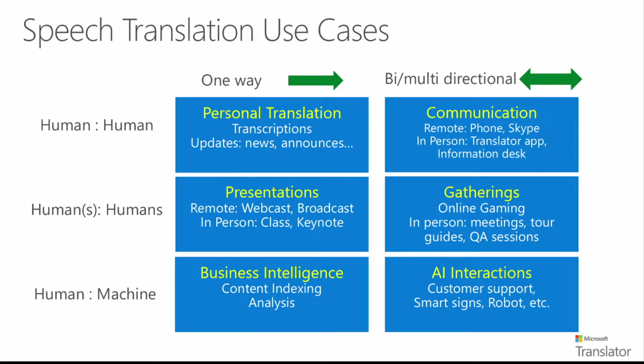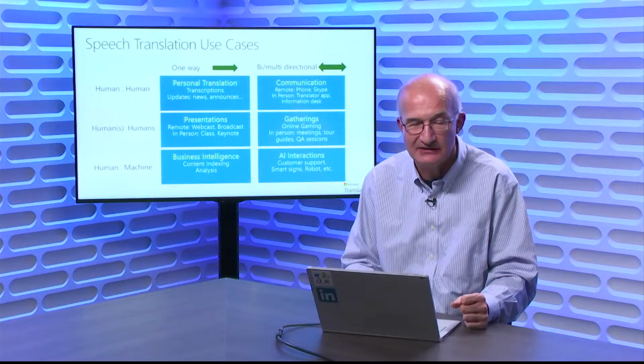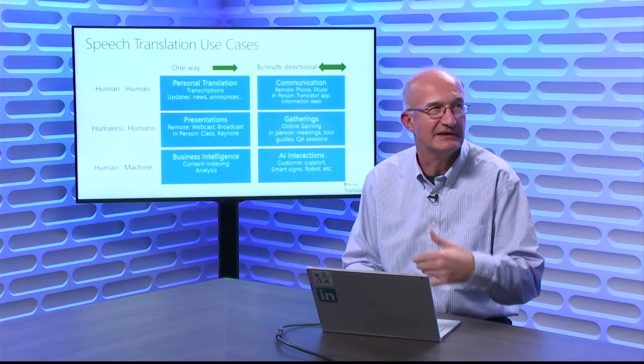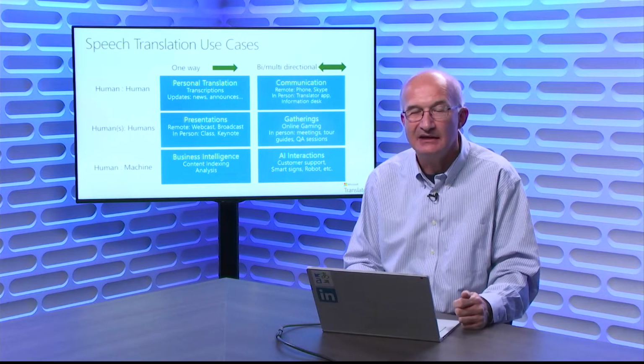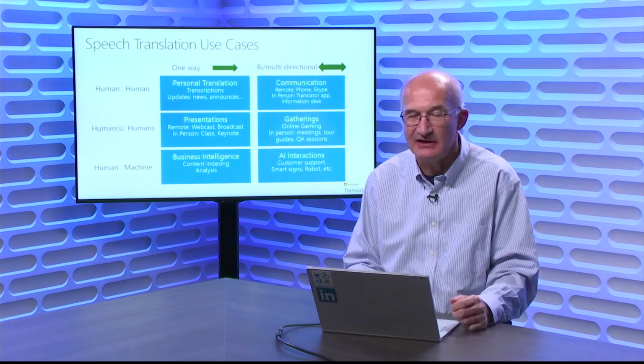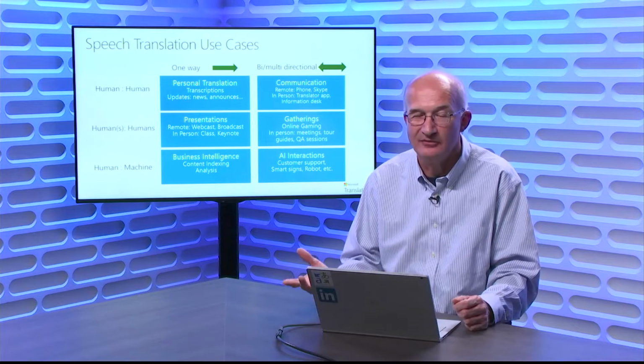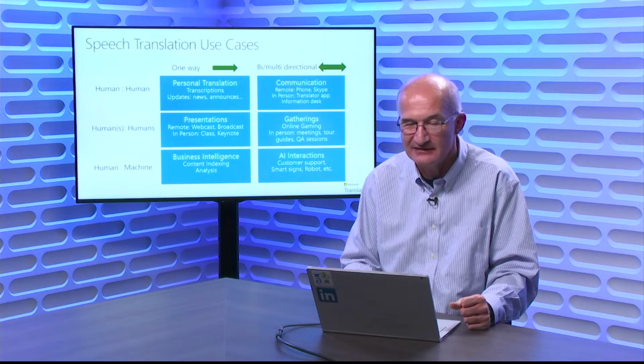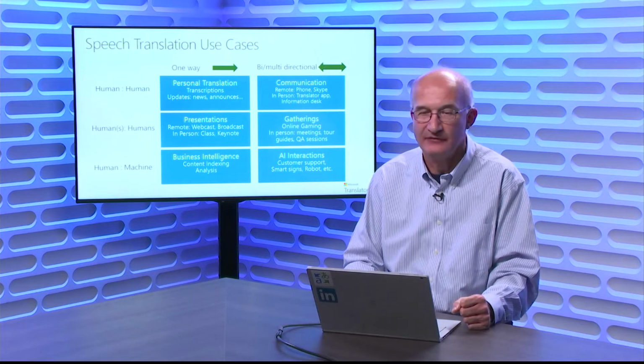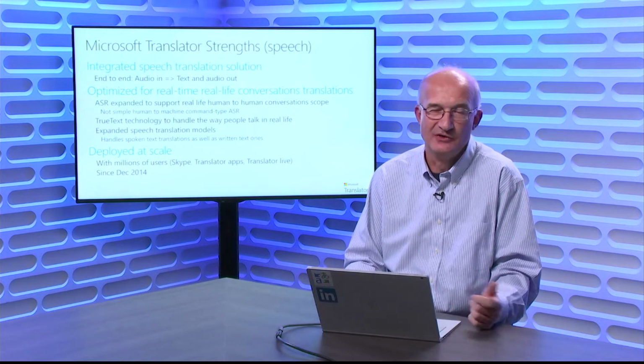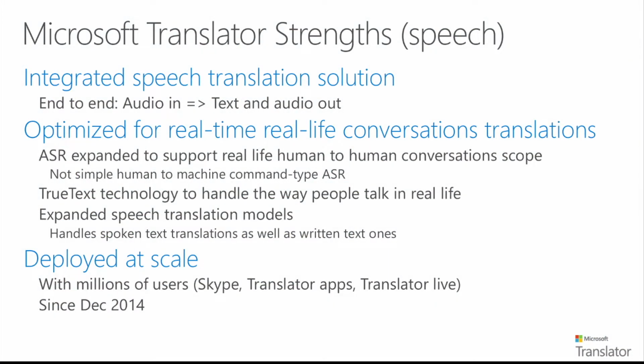The use cases are, there are many use cases. You have one-way communication for personal translations, presentations, or for business intelligence, where you need to process some kind of speech input, or you enable the communication of 2 or more speakers with each other, or with the customer support agents, for instance.